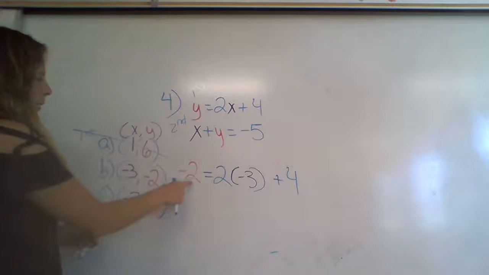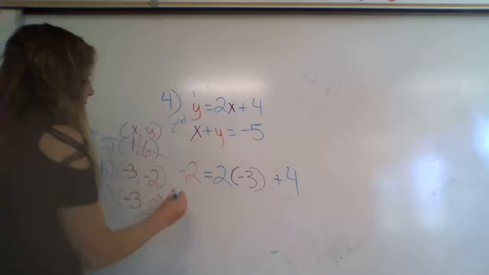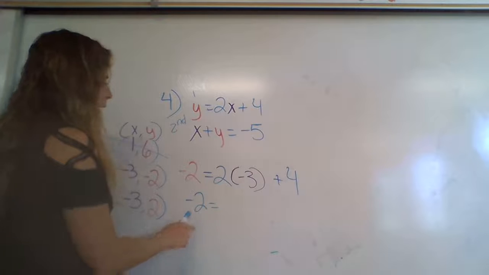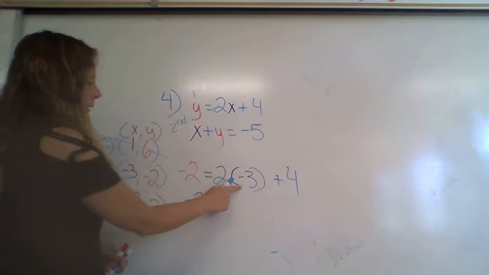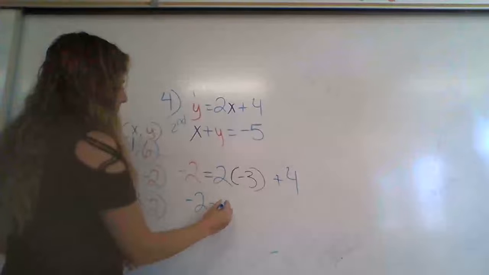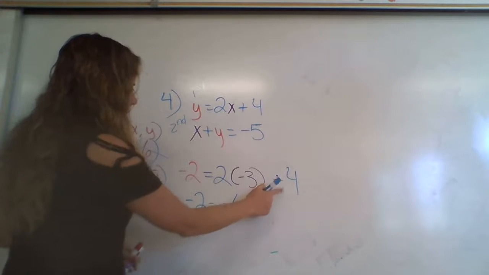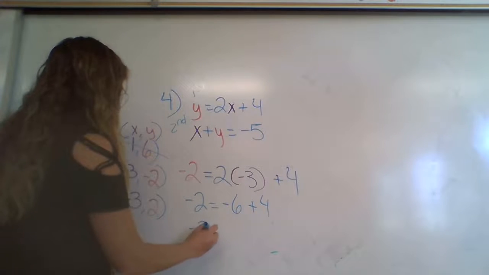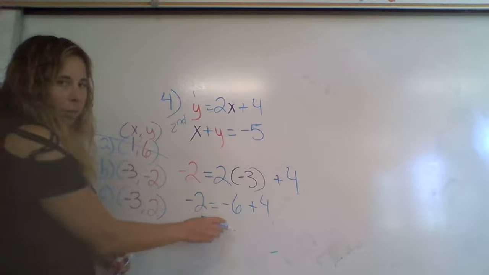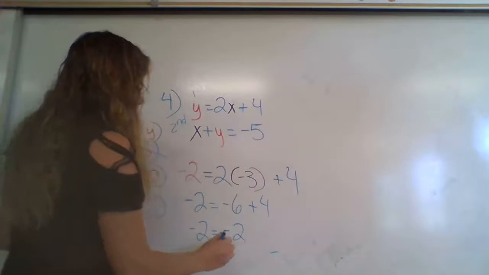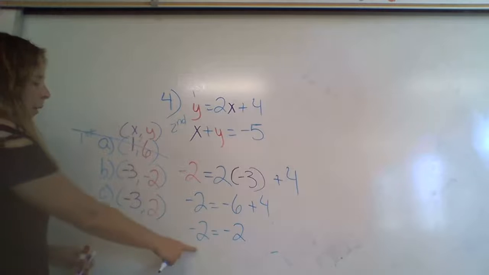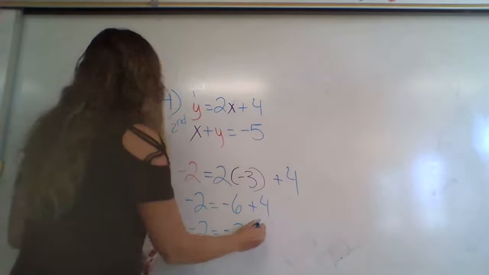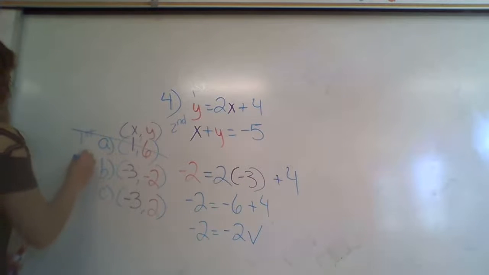All I did was substitute -2 in for y, -3 in for x. -2 equals 2 times -3. 2 times -3 is -6. And then bring down your 4, plus 4. -6 plus 4 is -2. So is -2 equal to -2? Yes. So B worked for the first equation.